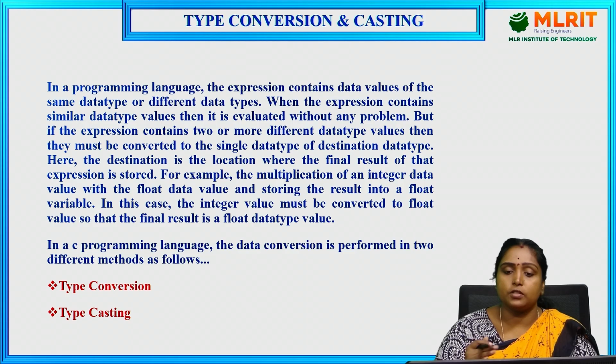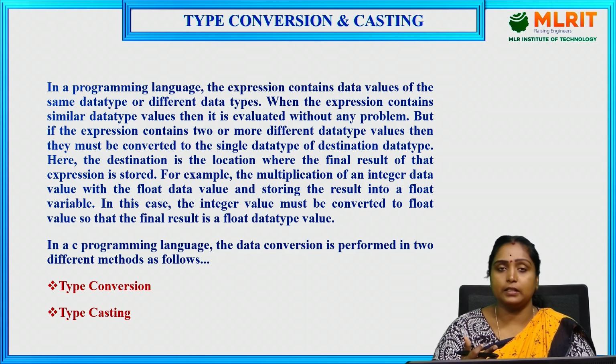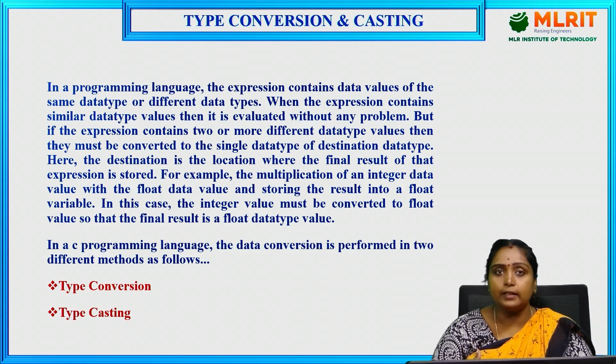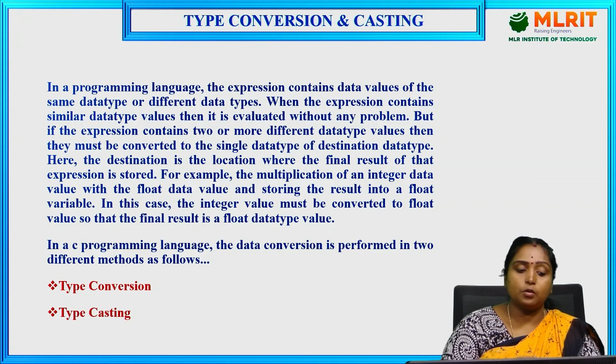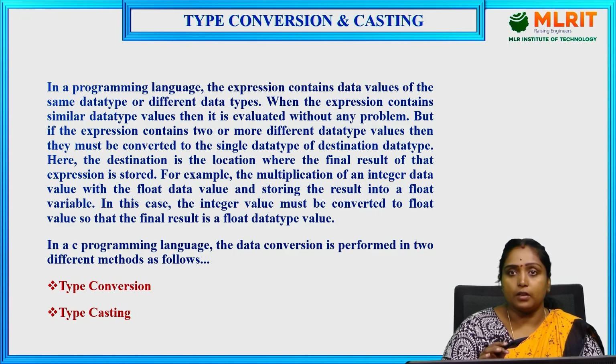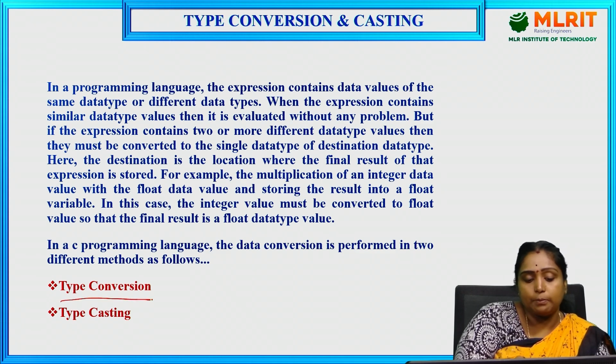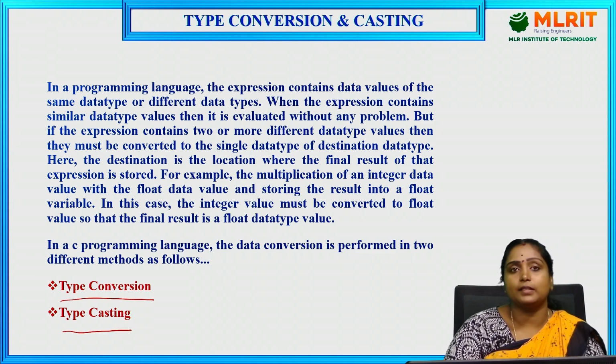So like that, the type conversion might happen internally or it might happen externally too. So there are two different methods in C in order to have this concept. One is type conversion, the second one is typecasting.